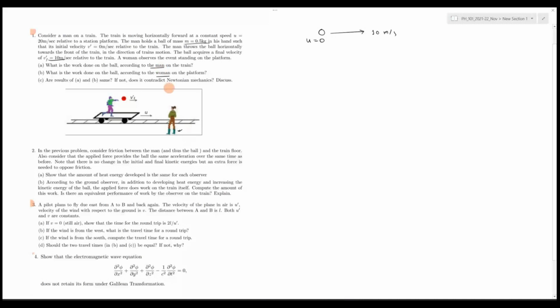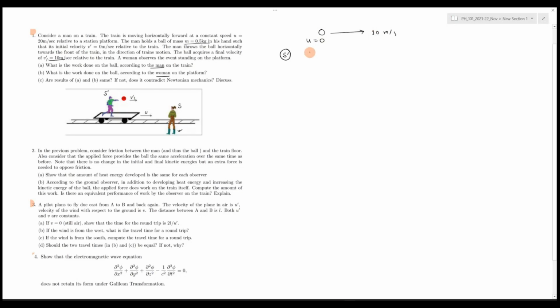As you see, this girl is on the platform. Let us consider this the S frame, and the person on the train is the S prime frame. From the S prime frame, we want to find the work done. We can see the ball has an initial speed of 0 and a final speed of 10 meters per second.